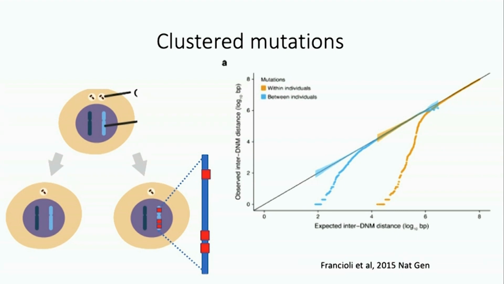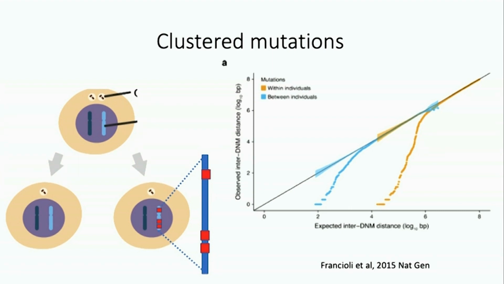So back in the past, Shamil did this very simple and very efficient test. They compared the distance distribution between mutations within one offspring and the distance distribution between mutations between non-related kids. So these are de novo germline mutations? Yeah, these are de novo germline mutations.